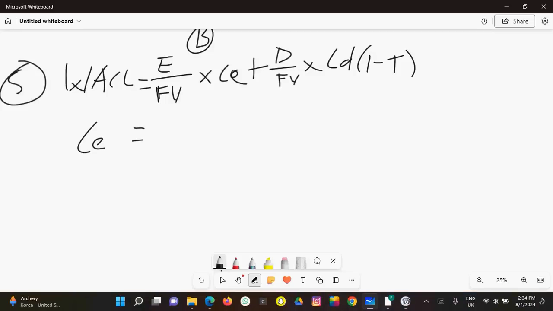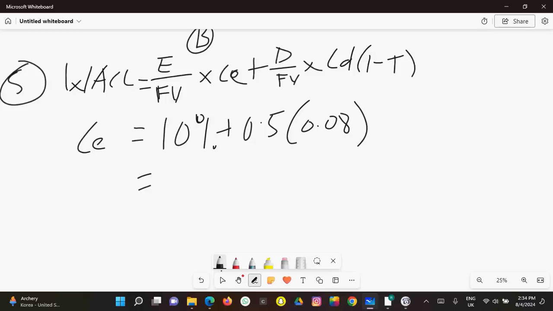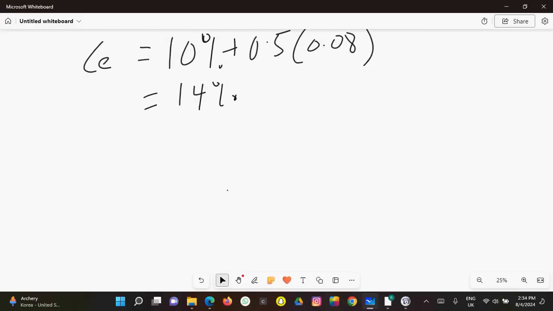Cost of equity, which is the same as R since we have beta in it, so we are going to use our risk-free rate plus 0.5 beta times the market risk premium of 0.08. Then we are going to get our cost of equity to be 14%. So now that we've gotten the cost of equity, let's solve for the WACC.